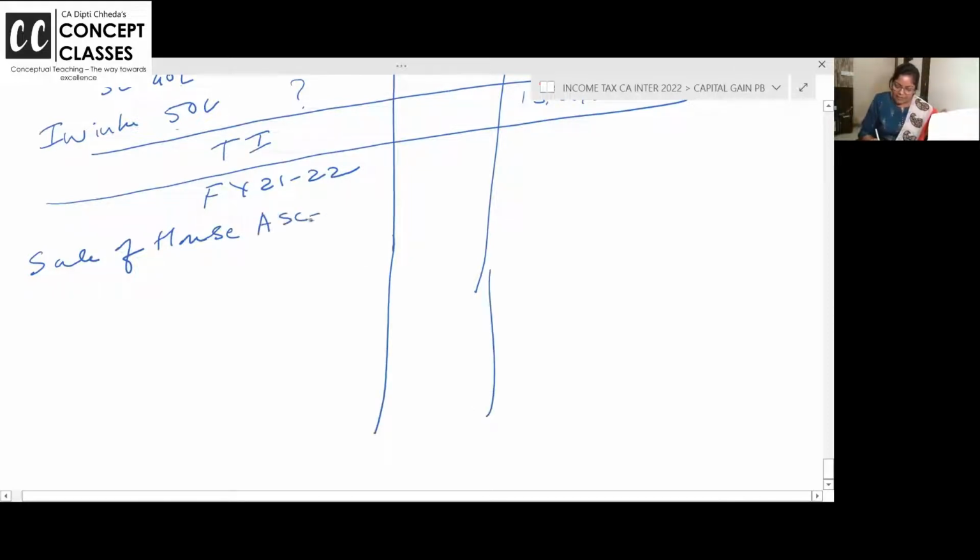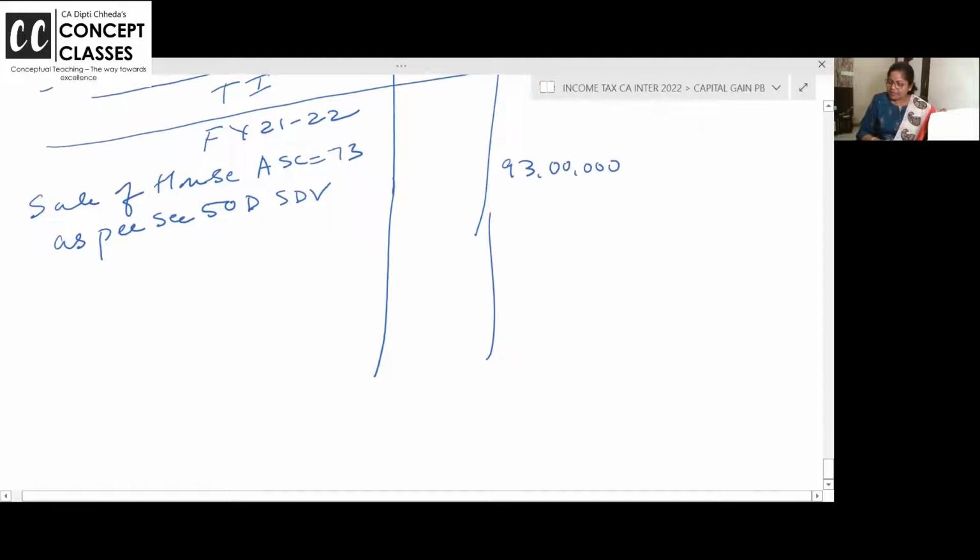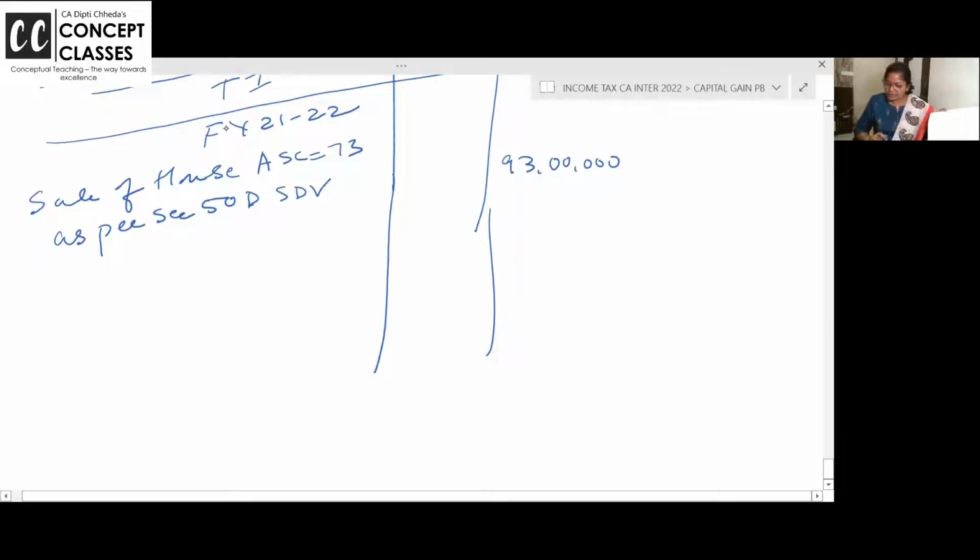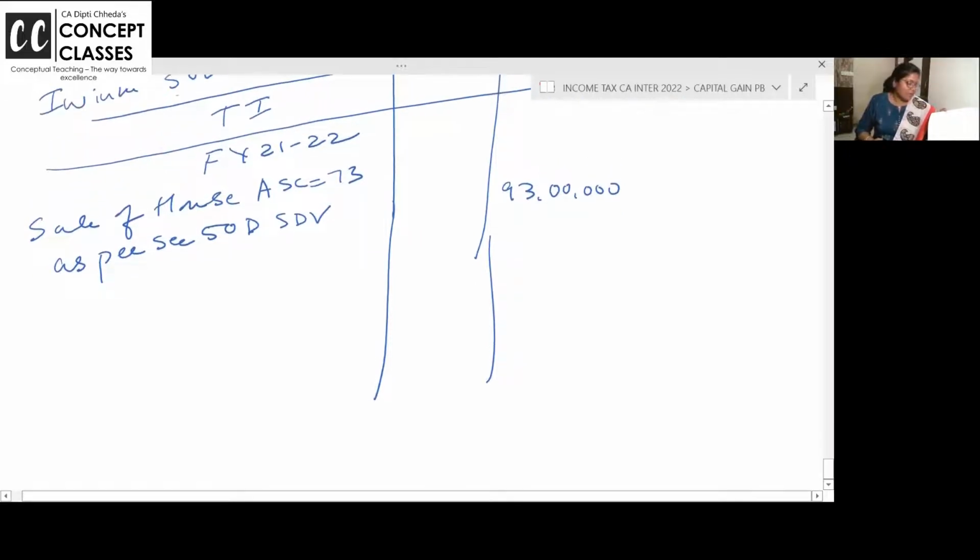Actual sale consideration 73 lakhs. As per section 50C, the stamp duty value, which is higher, 93 lakhs, we will take it. Okay? And the even higher 98 lakhs, we will not take.